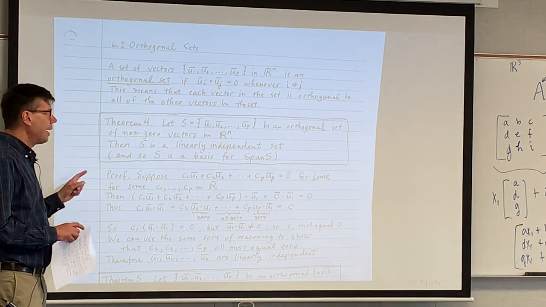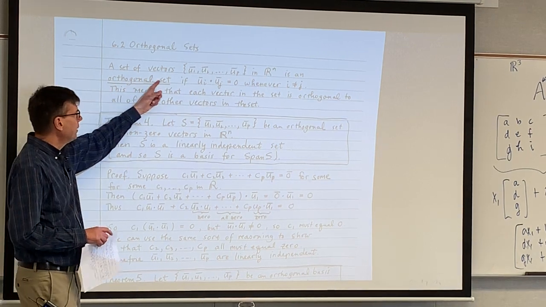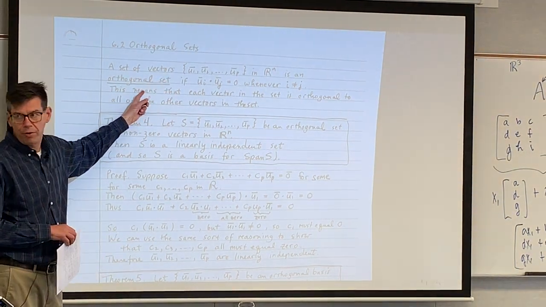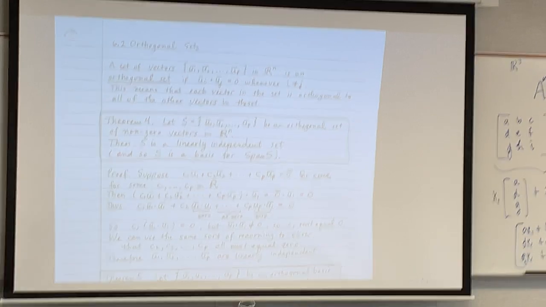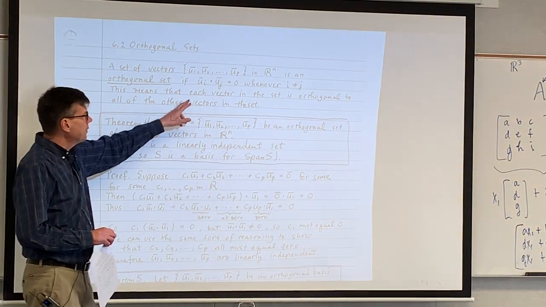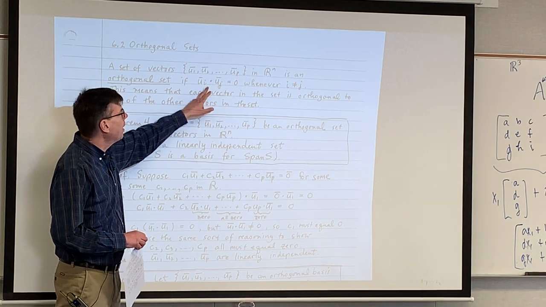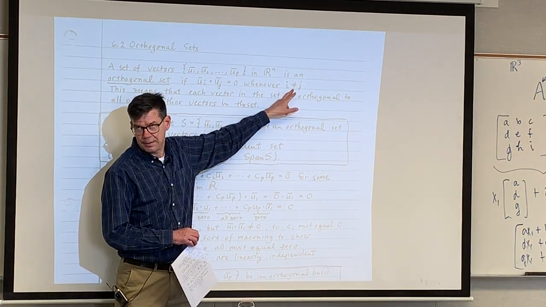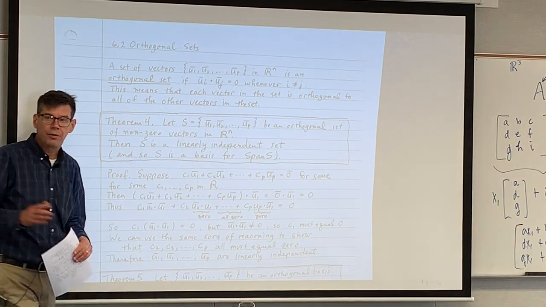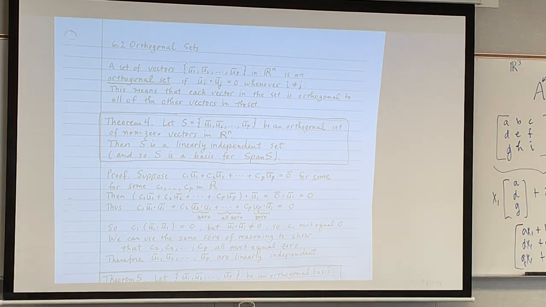So we're going to do a lot of talk about what is called an orthogonal set of vectors. It could be a spanning set sometimes, could be a basis, could be different things. What does it mean to be an orthogonal set? It just means if you take the inner product of any two different vectors in that set, you're going to get 0. So the vectors are all perpendicular to each other.